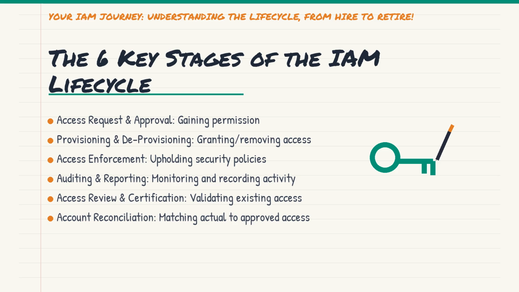We then move into the auditing and reporting stage, where we keep tabs on everything. Following that is access review and certification, where we check if existing access is still needed. And finally, account reconciliation is where we make sure what they have matches what they should have. Each stage builds on the last, creating a secure and efficient system.